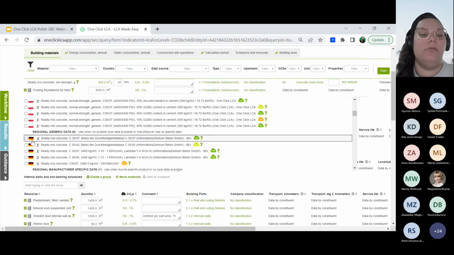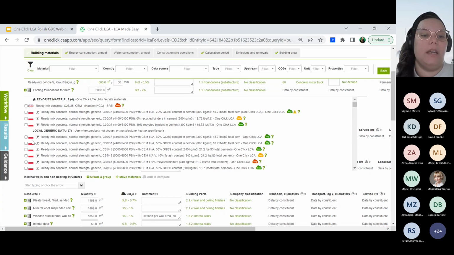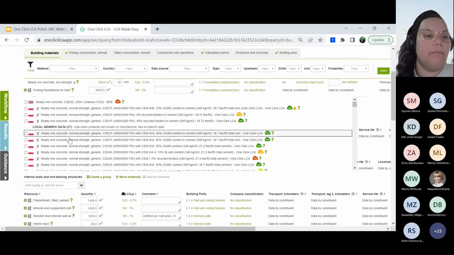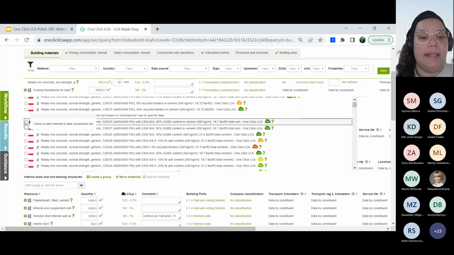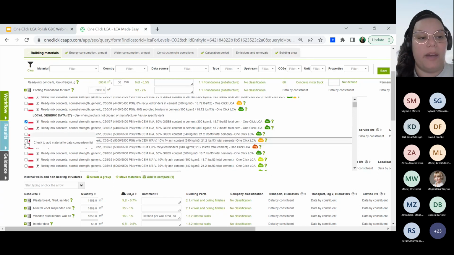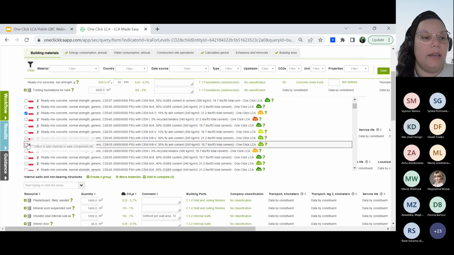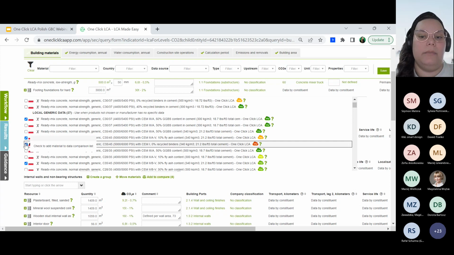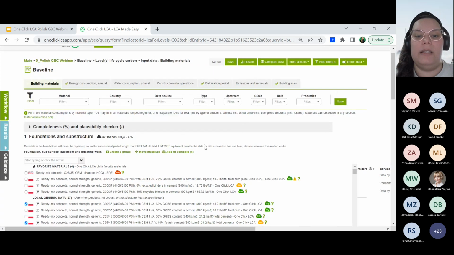And then I can also go a bit more in depth, and I can select some materials to compare and make that comparison. For example, here I'm selecting some at random, just so that we see the functionality.